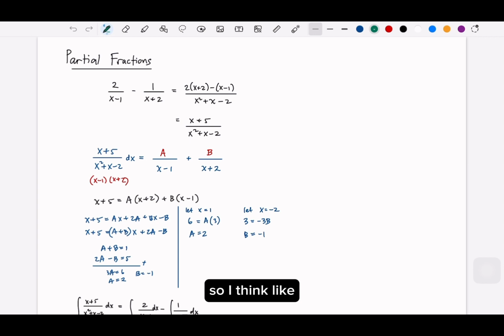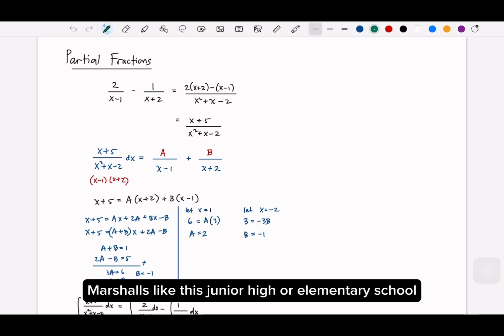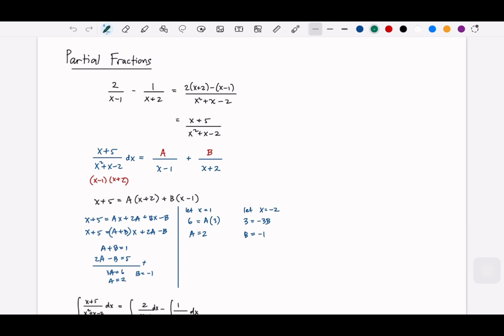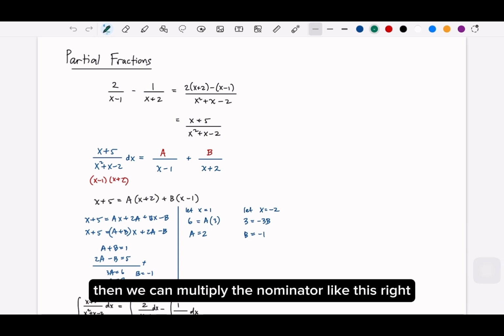So I think like what you did in junior high, right? Partials like this, junior high or elementary school? Junior high, right? Elementary school is just a constant, right? So if we have this, then we can multiply the denominator like this, right?